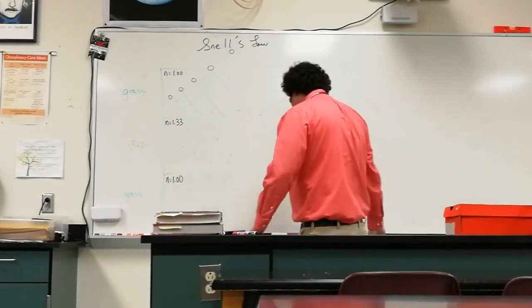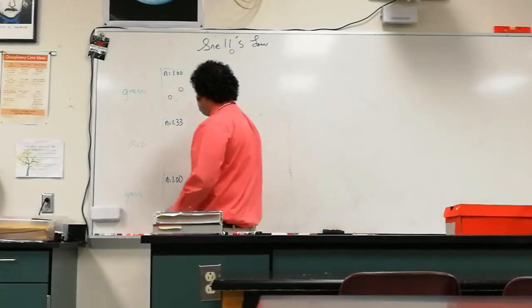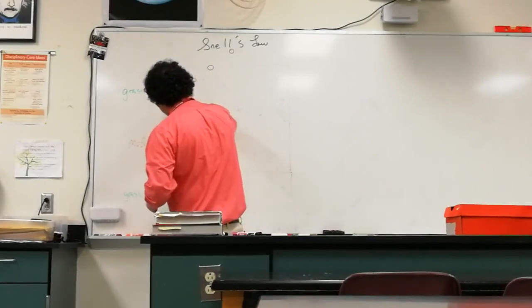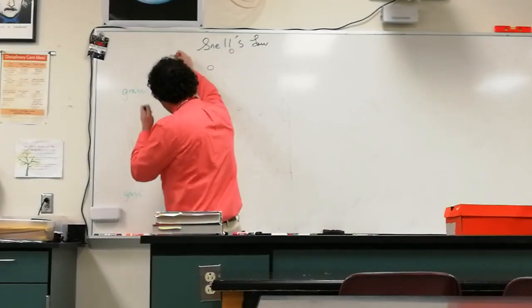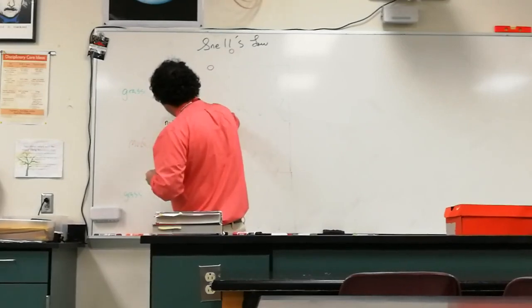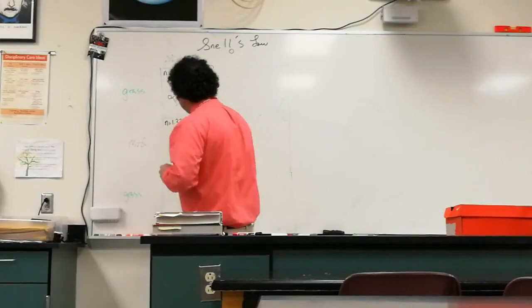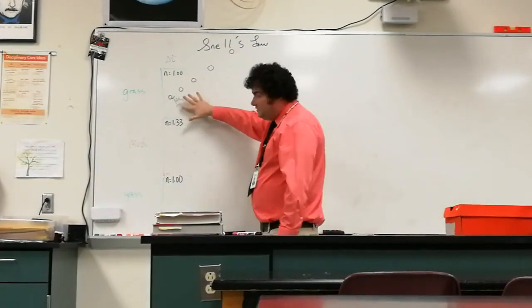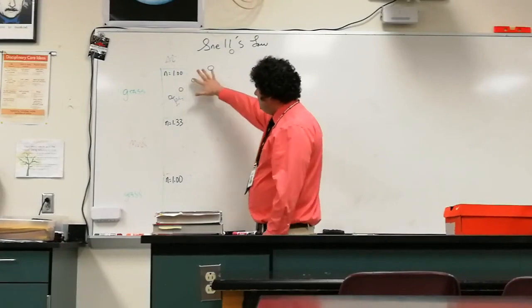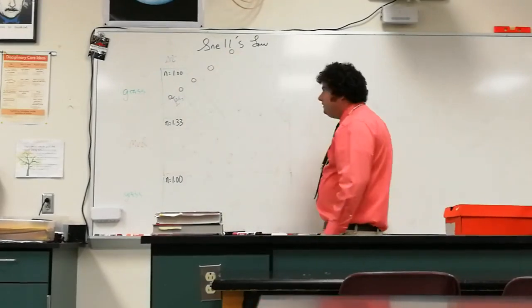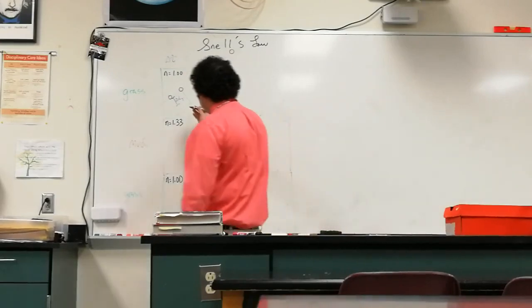The way he described it was each marcher, while they're on the grass, in a time delta t, moves a distance delta dg for a change in distance on grass. So in delta t, this person, this person, this person, they're all going to move the same distance in the first delta t.